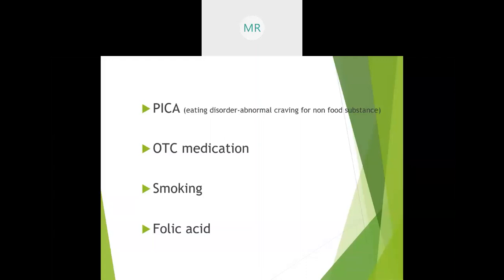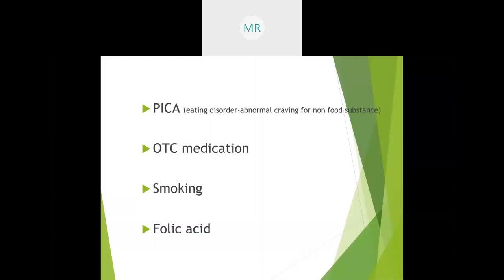Folic acid. Folic acid is good for the formation of red blood cells. Before pregnancy, they take a multivitamin that has 400 micrograms of folic acid in it every day.